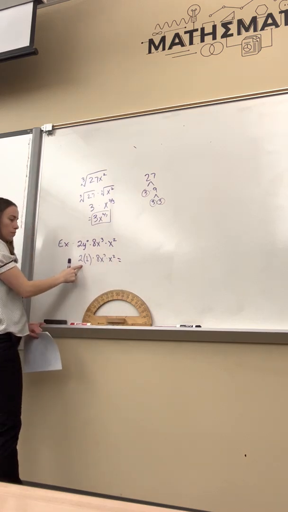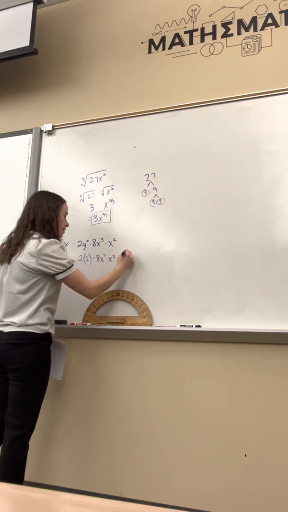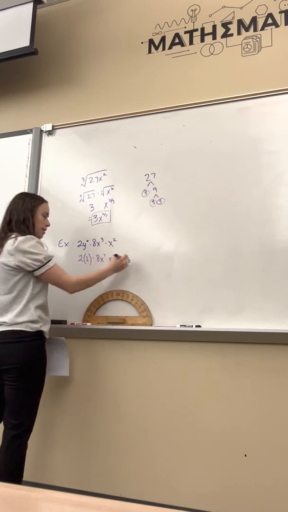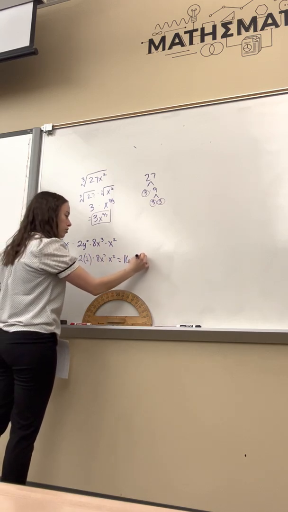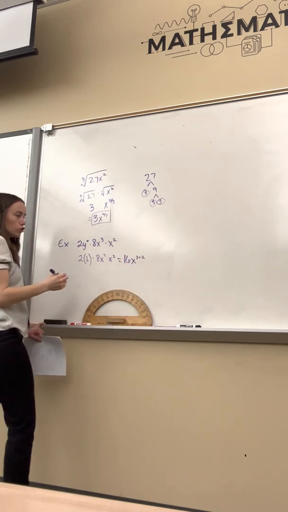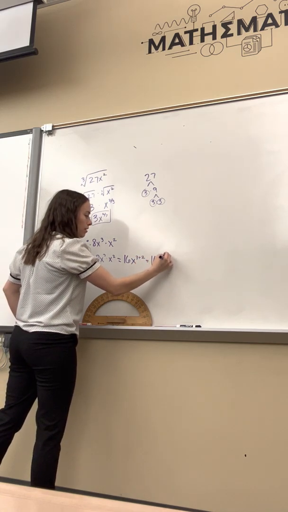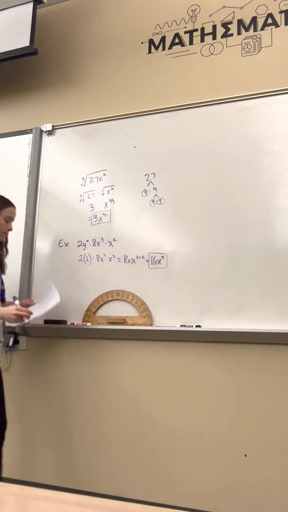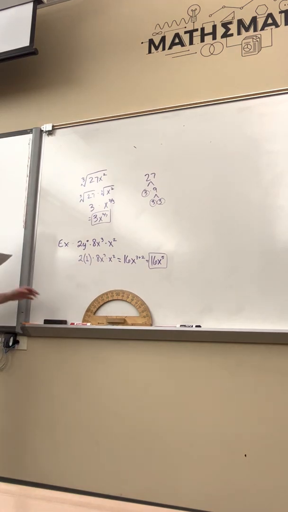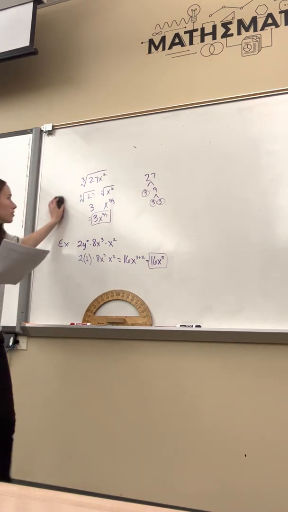Okay, so 2 times 8, we get 16. And then x to the 3 plus 2, due to the product rule, and we get 16x to the 5th. Again, pause if you need that, because I'm going to go ahead and erase now.